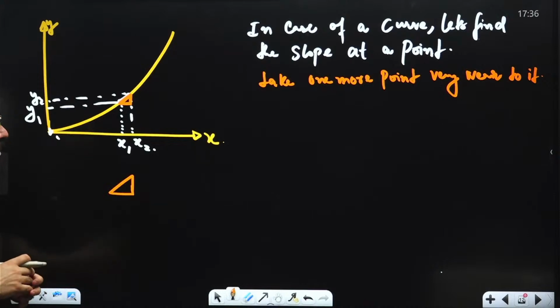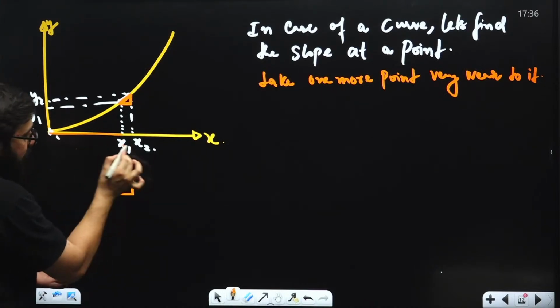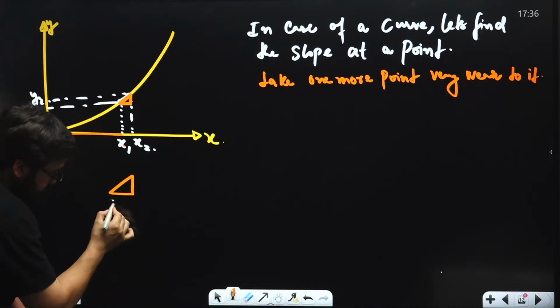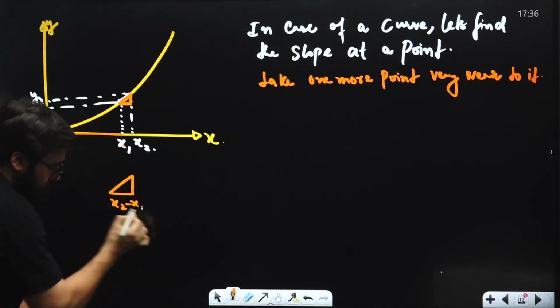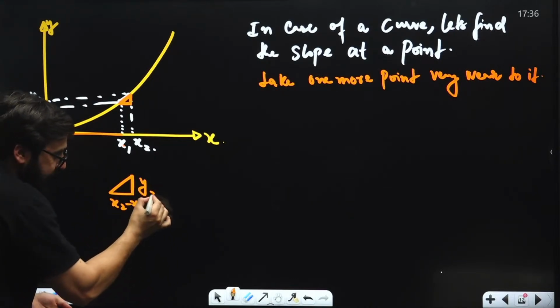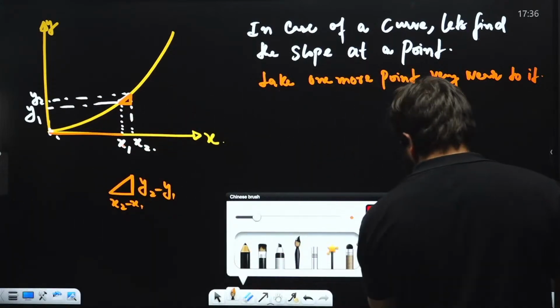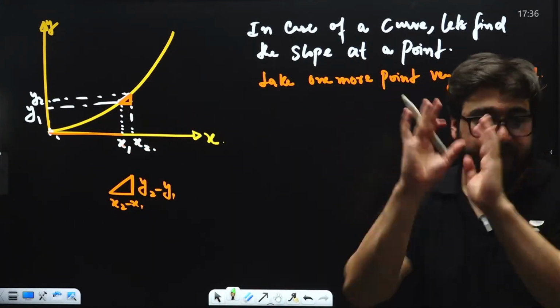Previously, I said this first one is at x1 distance and the second one is at x2 distance. Don't you think this will be x2 minus x1, and this perpendicular will be y2 minus y1 in this case? Yes, in this case we agree.